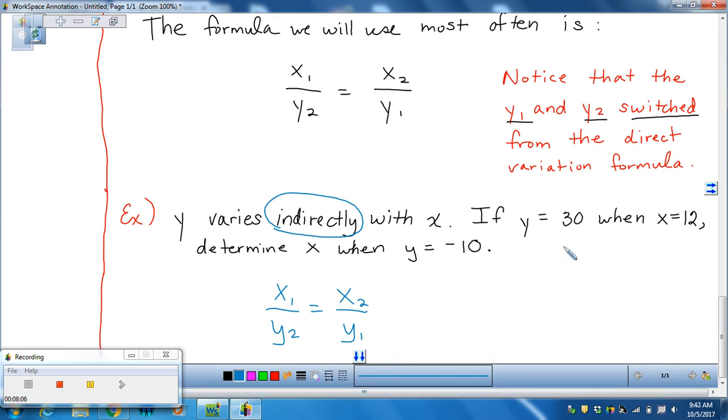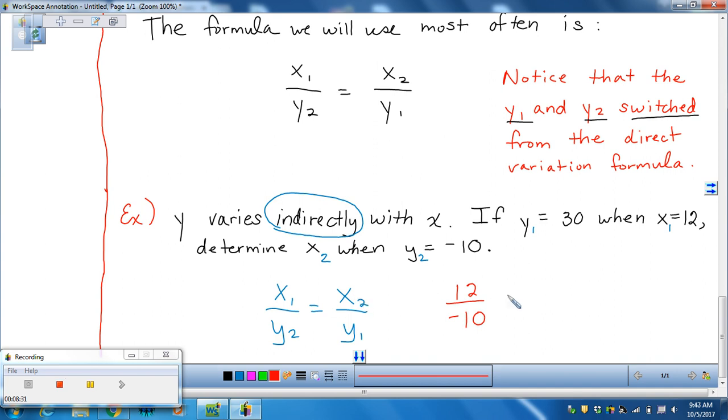Now I'm going to label my parts. This is my y1 and my x1. This is my x2 and my y2. Once I've gotten everything labeled, I'm going to go ahead and plug them in. My x1 is 12, so it goes on top. My y2 is negative 10.